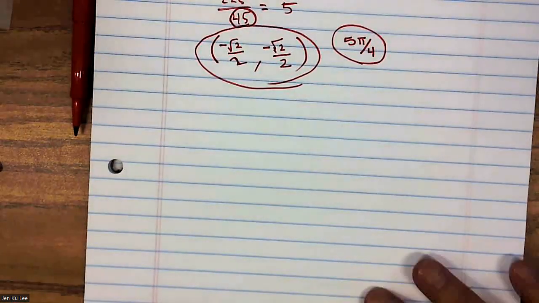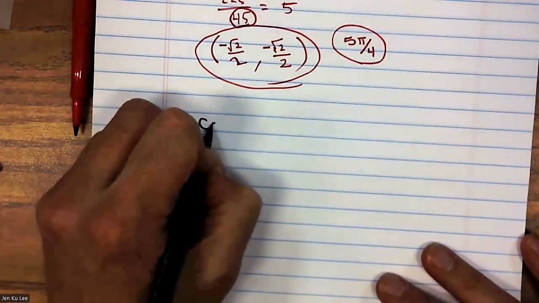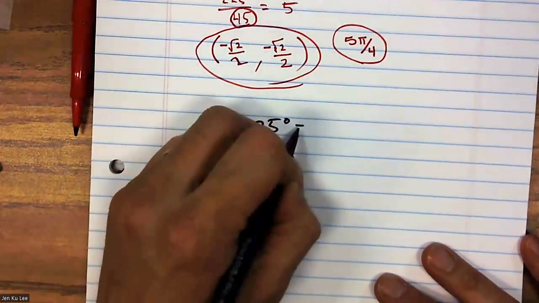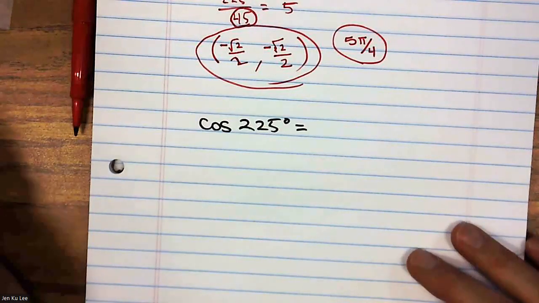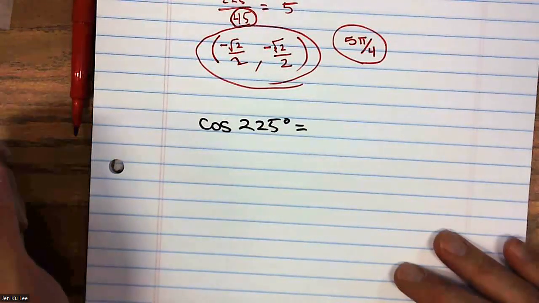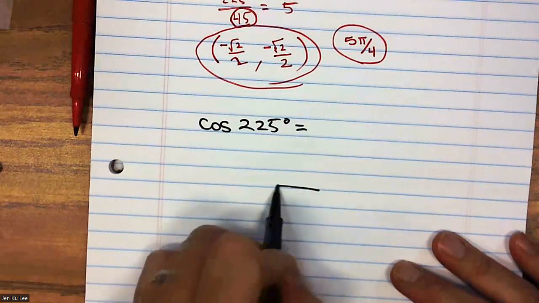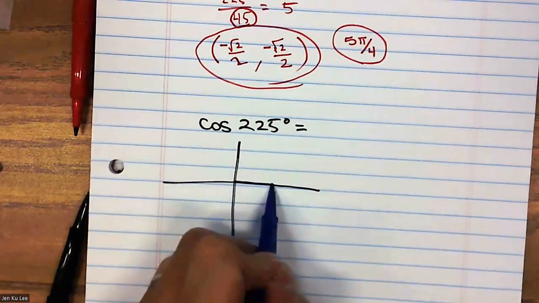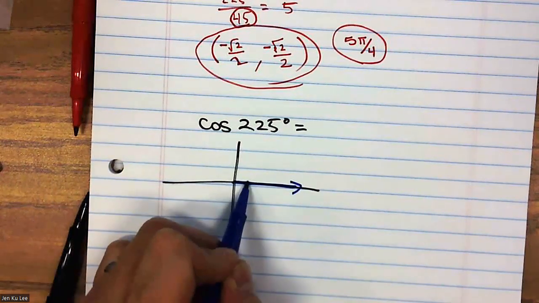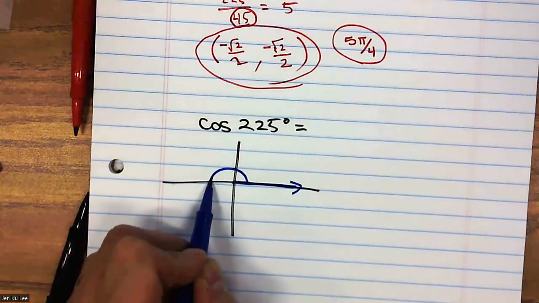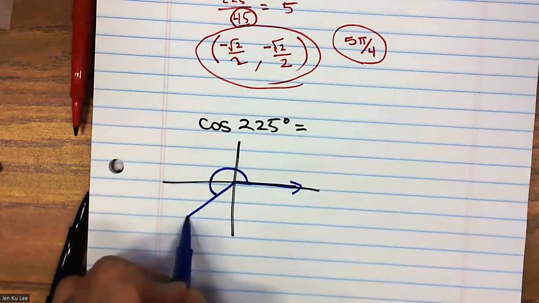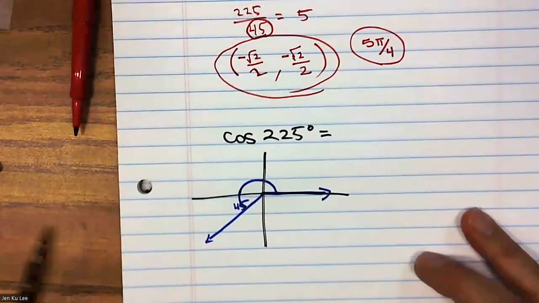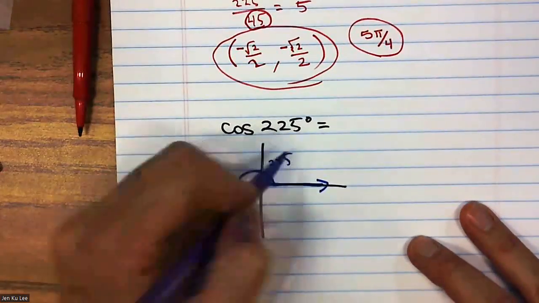How I would approach this, and how I recommend you guys approach this, is how we learned it in the first place. 225, if I draw that angle in standard position, that's 180 plus another 45. So it's actually the 45-degree angle here, right? This whole angle is 225.